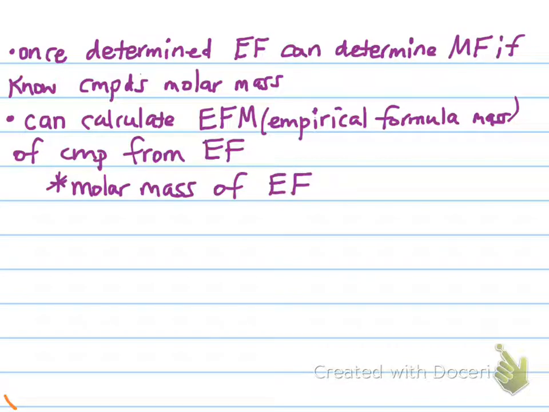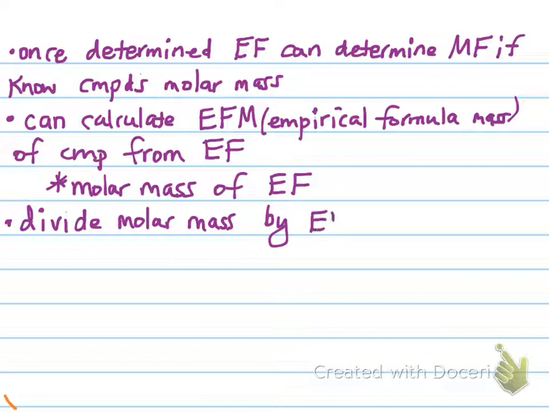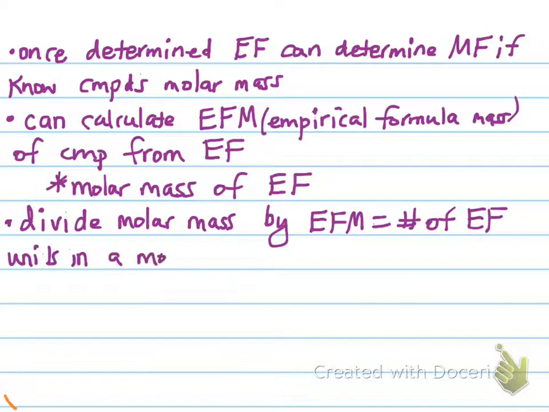That's what your empirical formula mass is. You're going to divide the molar mass by the empirical formula mass to get the number of empirical formula units in a molecule of the compound.